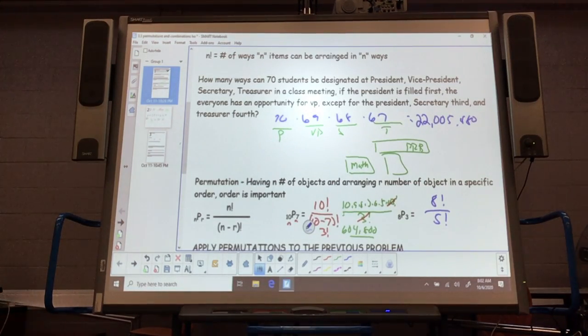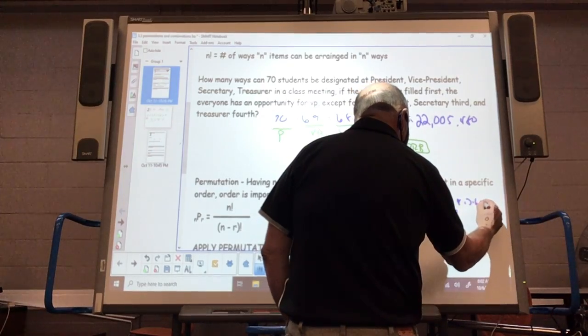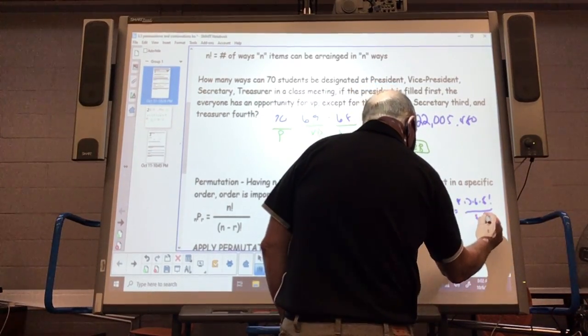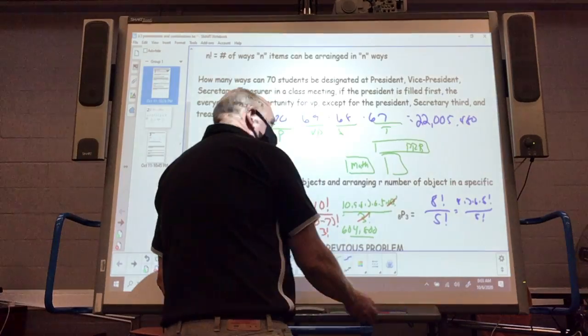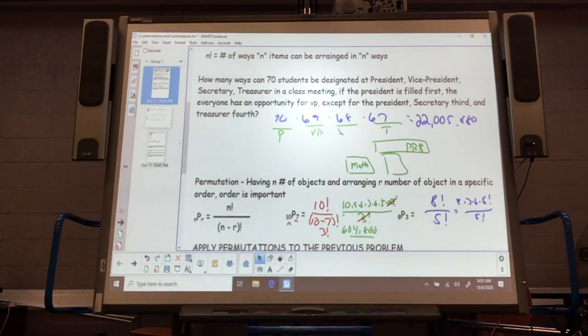And this one's a little bit easier to calculate because the numbers are a little bit closer. Once again, you need to find a way it works for you, because you're going to have permutations and combinations.